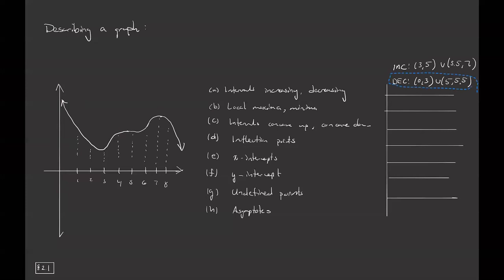Let me put decreasing above, because increasing has less space it needs. All right. We decreased from roughly 5 to 5.5. And then it looks like we decrease from 7, let's say, to infinity. We'll say it goes off far to the right in that case.